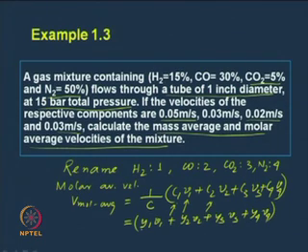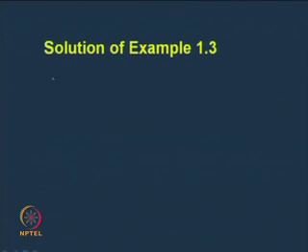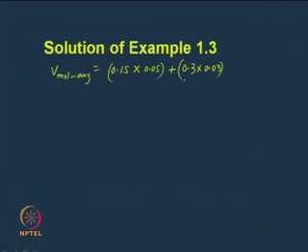Now, after substitution in this relation, V mole average will be 0.15 into 0.05 plus 0.3 multiplied by 0.03 plus 0.05 multiplied by 0.02 plus 0.5 multiplied by 0.03.